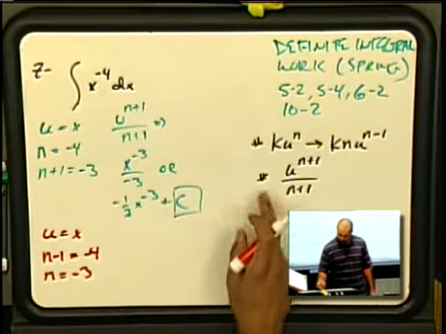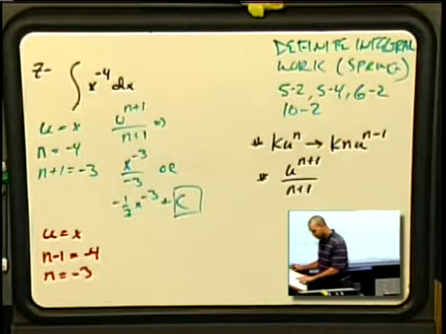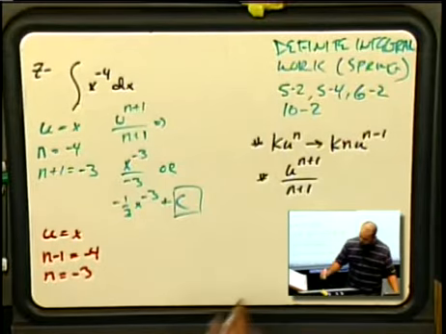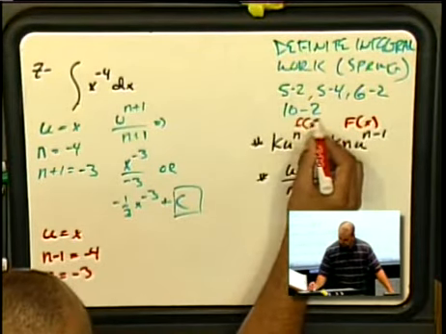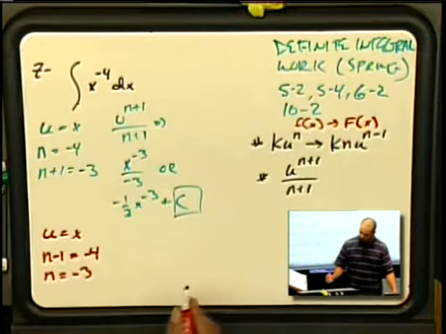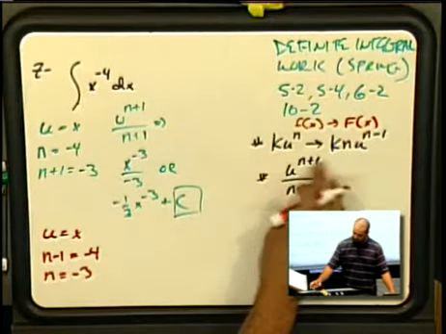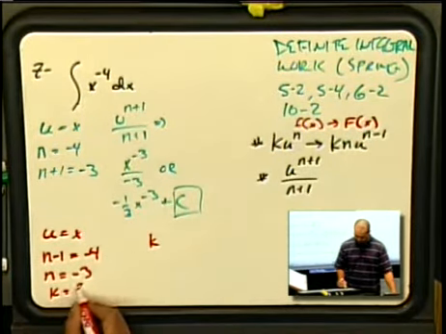And then they give you this form. This is the antiderivative form. This is the form they give you. You're trying to get it for this form, so you're looking for k.